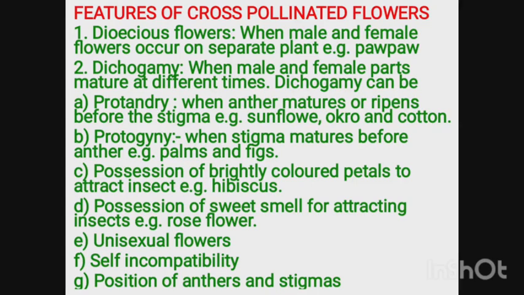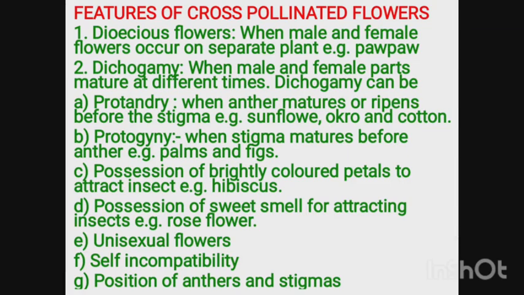What is protandry? It's when the anther, which contains the pollen grains, the male sex gamete, matures or ripens before the stigma, which is the female counterpart. So protandry is when the anther matures before the stigma.